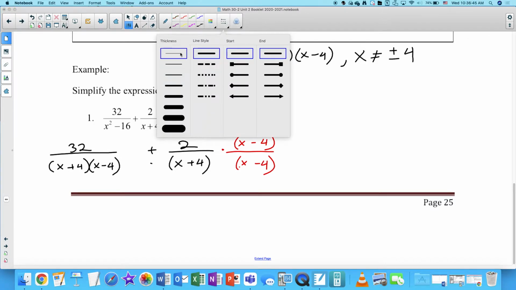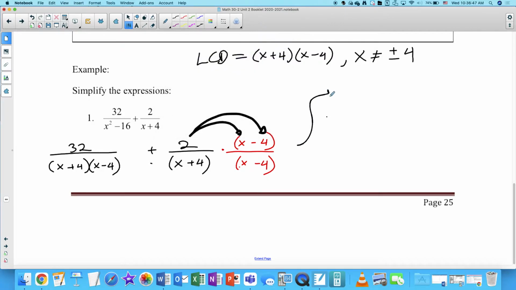So this will equal, I'm just going to put my denominator in there. From this rational expression, 32, and from this one, I have to add 2 times x minus 4.